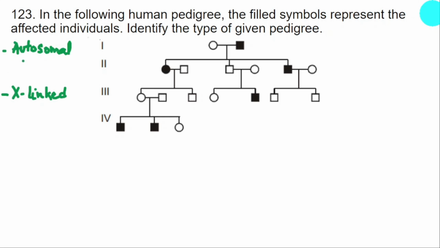Within autosomal, there is dominant and recessive. Similarly, in X-linked also, dominant and recessive. So we need to identify which type of pedigree is this out of the 4. Is it autosomal dominant or autosomal recessive or X-linked dominant or X-linked recessive?